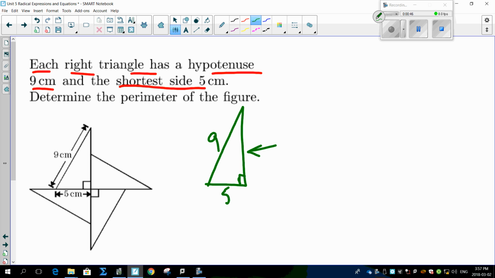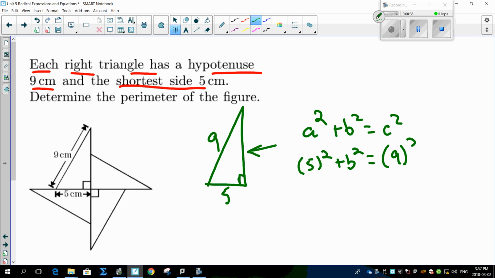Think about this. A squared plus b squared equals c squared. So we have a squared, which is 5 squared. We don't have b, that's fine. And c squared is going to be 9 squared. Perfect. This is going to be 25 plus b squared. This is going to be 81, right? So we have to subtract the 25 out of each one of these.